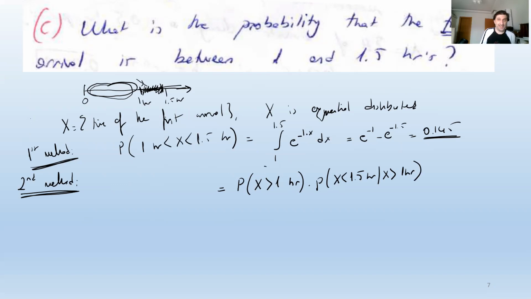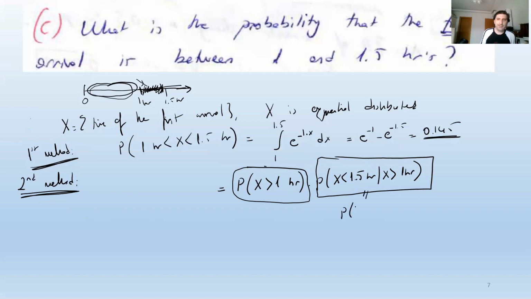This statement says that there is no event during the first 1 hour, and given that there is no event during the first hour, there is going to be an event during the next 1.5 hour. Now, due to the lack of memory property, this can be written as the probability of X smaller than 0.5 hour.